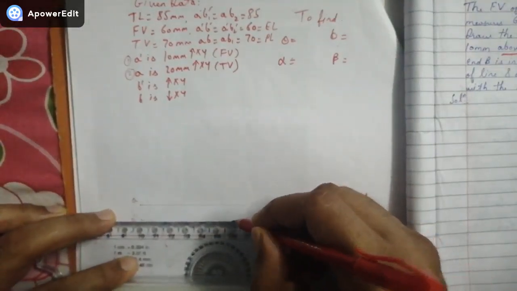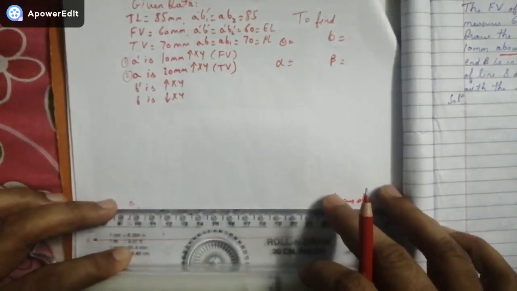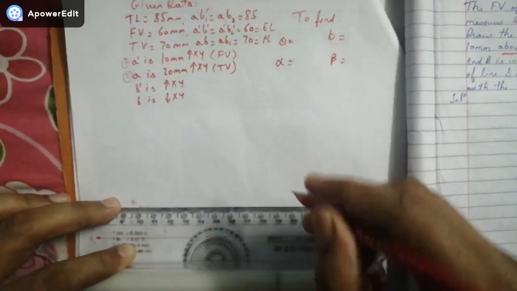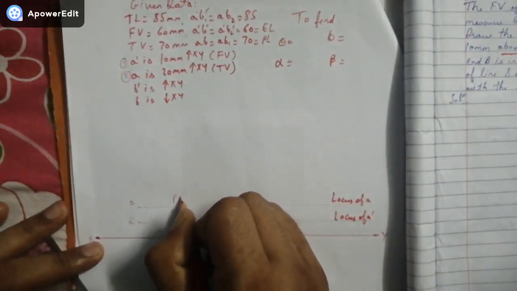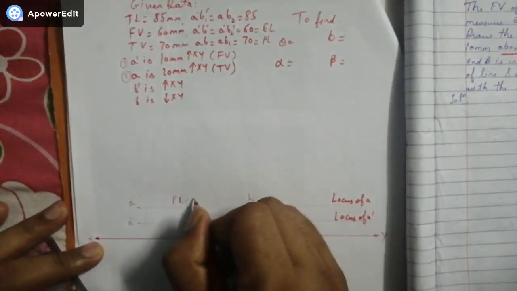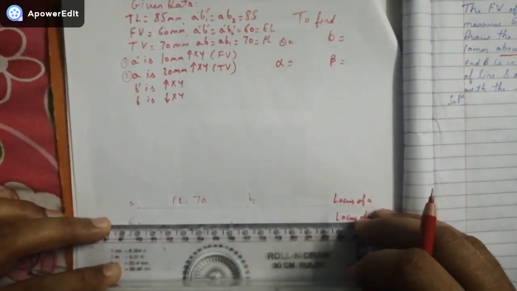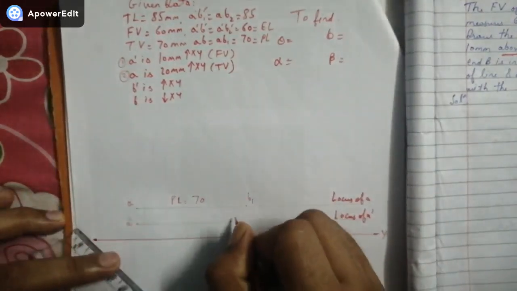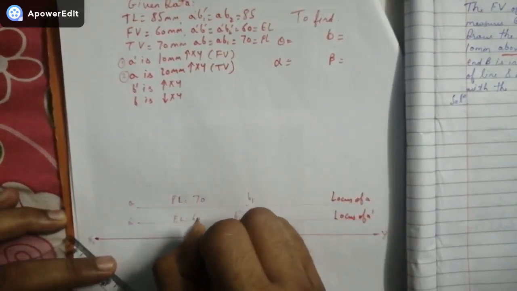Similarly from A till B1, that is the plan length, equal to 70. A dash to B2 dash is the elevation length, which is equal to 60.